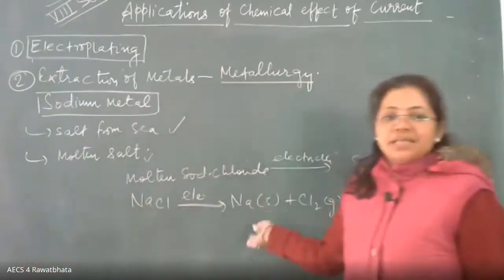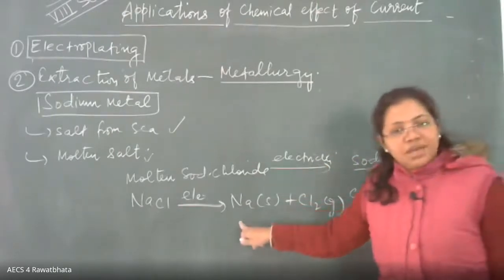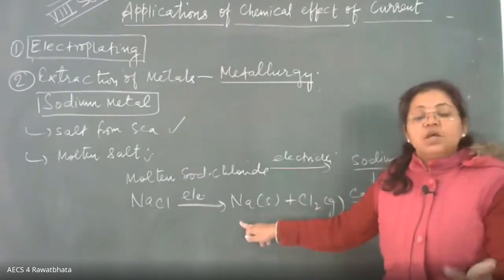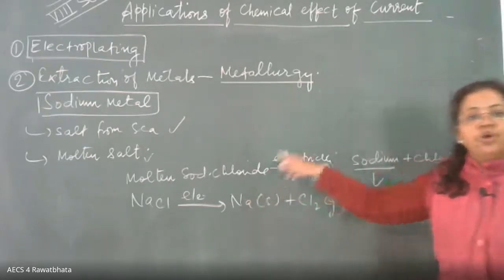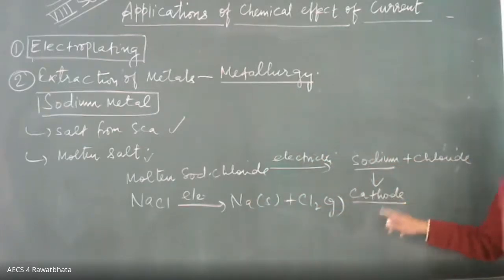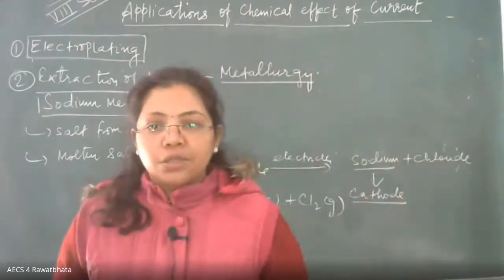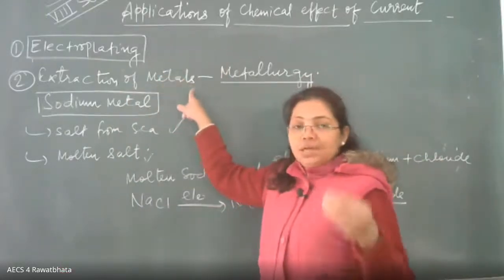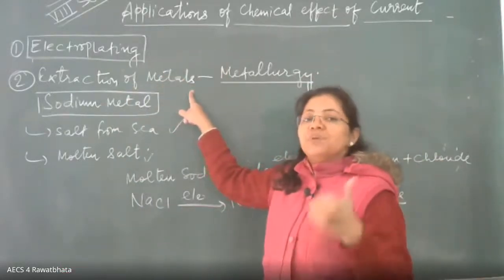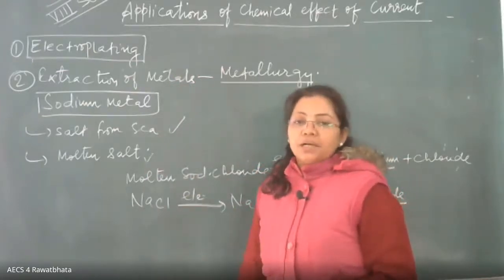Chlorine gas evolves. जो गैस है वो निकल जाती है और जो solid sodium है क्योंकि वो metal है तो इलेक्ट्रोलिसिस में अभी तक हमने पढ़ा है कि मेटल का डिपोजिशन कौन से इलेक्ट्रोड पे होता है? कैथोड पे. So we obtain that sodium metal over the cathode. So this is how this chemical effect of current, or we simply say electrolysis, is used in extraction of metals.